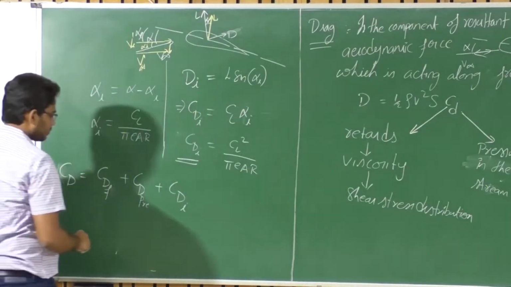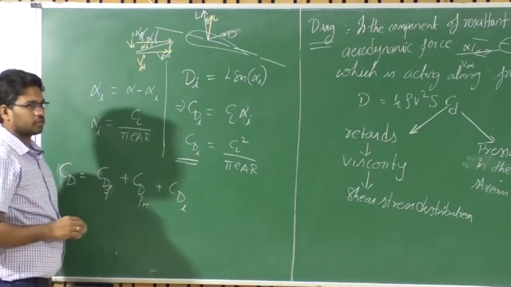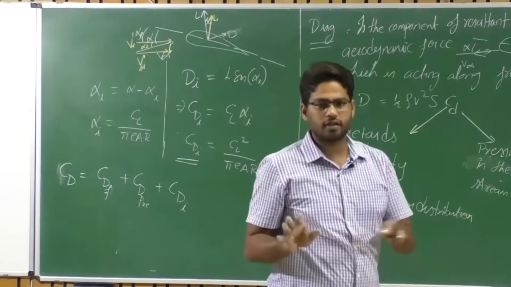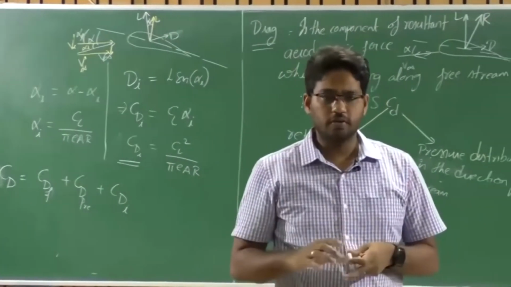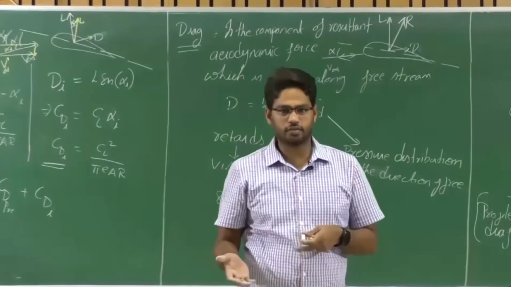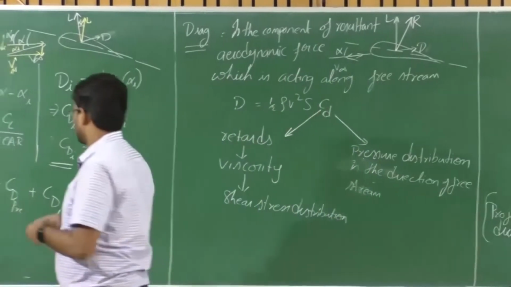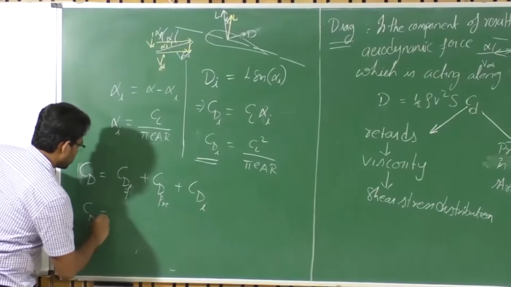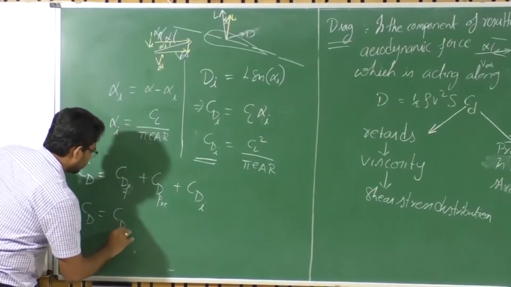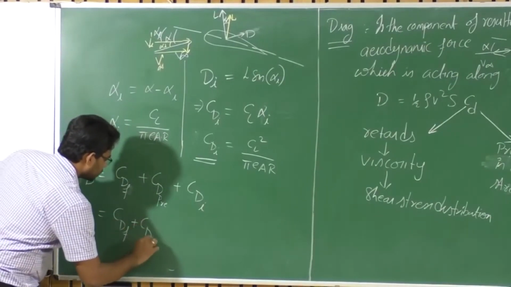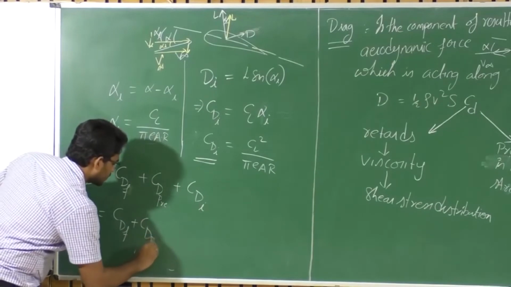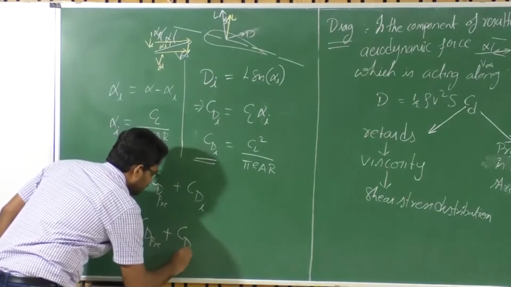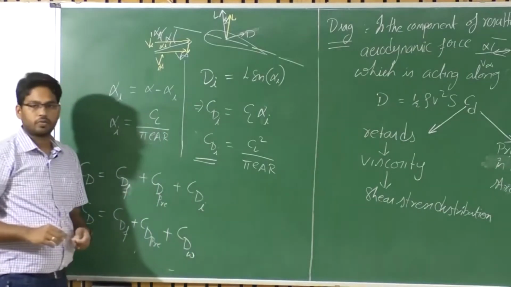Okay. So this is fine as long as we are talking about subsonic speeds. As we enter the very high subsonic or supersonic regimes, there is an additional component of drag because of shock waves, right?